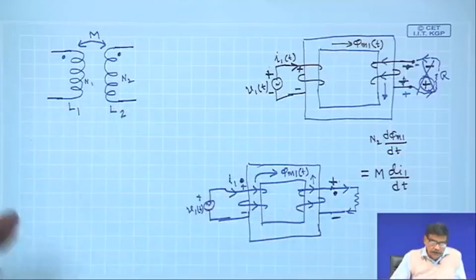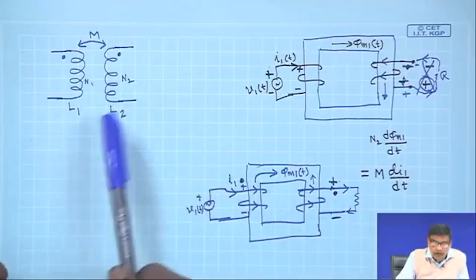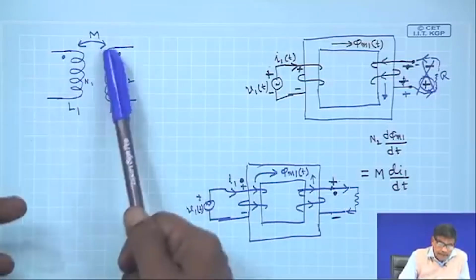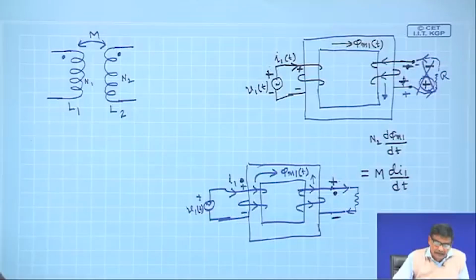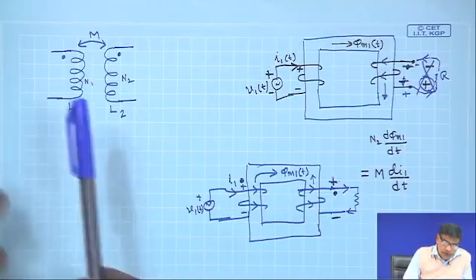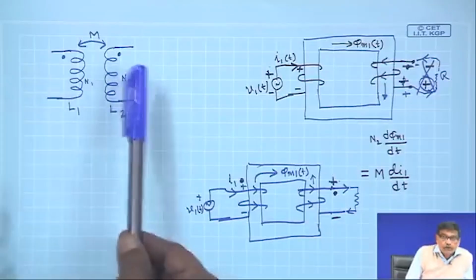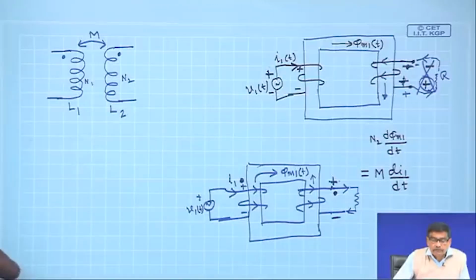When you show two mutually coupled coils, merely writing L 1, L 2 is not a complete thing. You must show mutual inductance, but this dot convention is customary to be shown. Then you are conveying additional things.